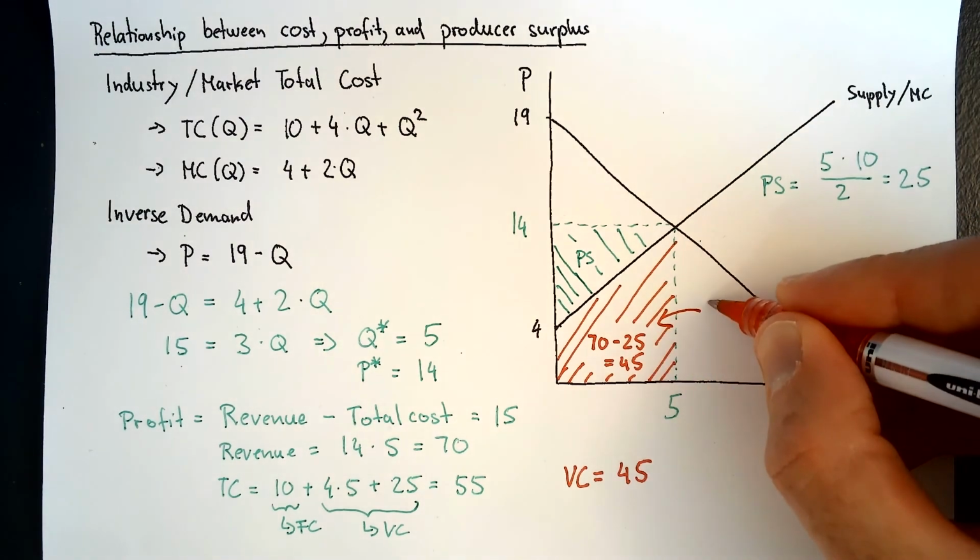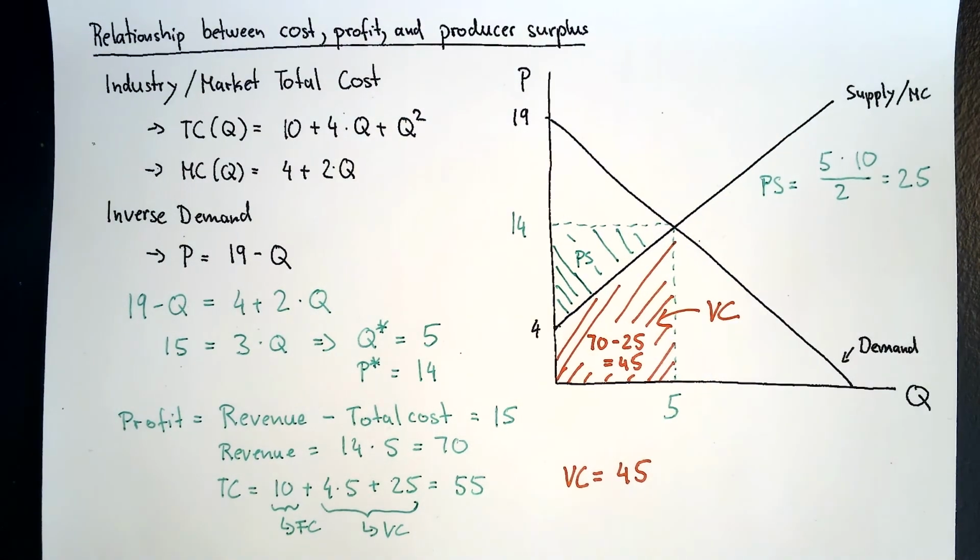Okay, so this area here represents the variable cost. This will become an important aspect when we are talking about externalities.